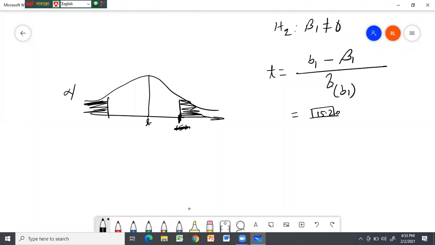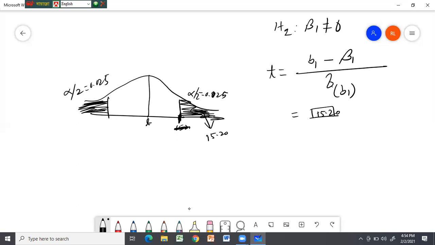You are using the two-tail test. On both sides you have 5% scattered equally, 2.5% on the left-hand side and 2.5% on the right-hand side. So this is the position of the level of significance from which your null hypothesis will be rejected. So if your calculated t value is 15.20, it will fall under the level of significance portion.